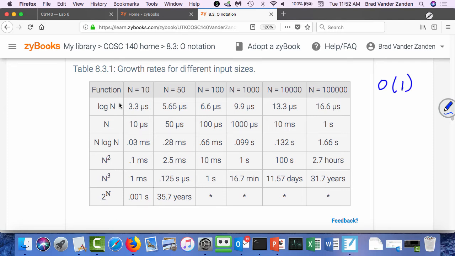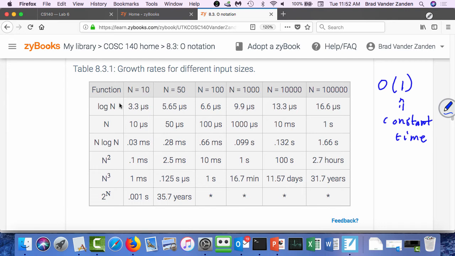For arrays, the average time to find, insert, and delete is order 1. It's constant time.